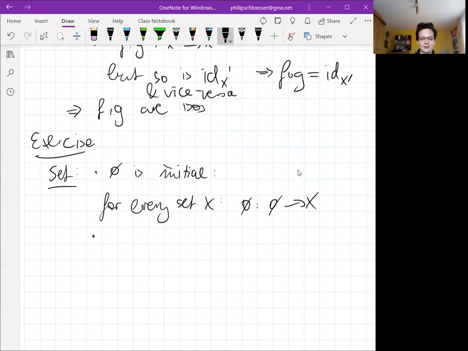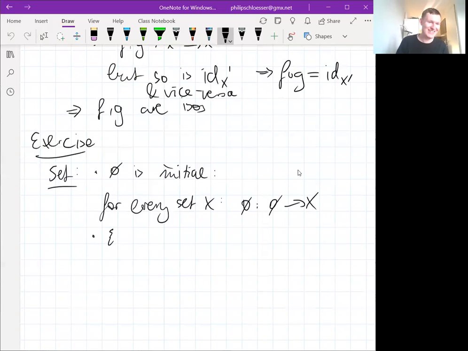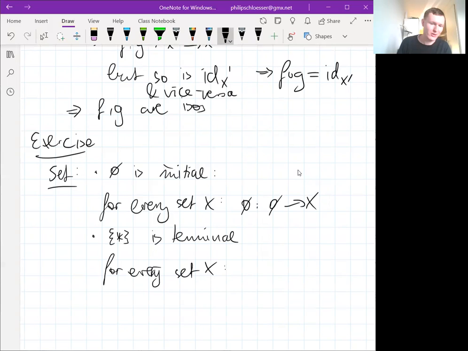Some singleton may work, just some constant map. But which one? Aren't they all isomorphic? Yes, any singleton. Because for every set x, we have the constant map from x to that point.